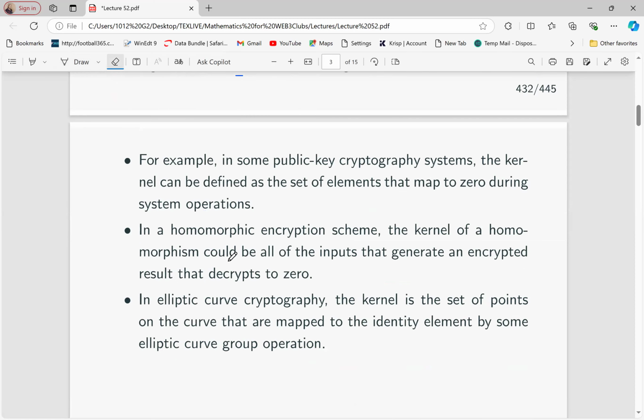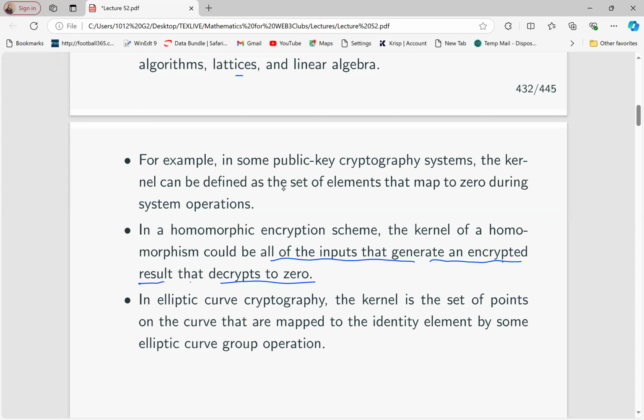What about in homomorphic encryption? What would the term kernel mean? It would mean all inputs that generate encrypted results that decrypt to zero. So if you have inputs that give an encrypted result, but when you decrypt that result you get zero, then the set of those inputs is what we call the kernel.